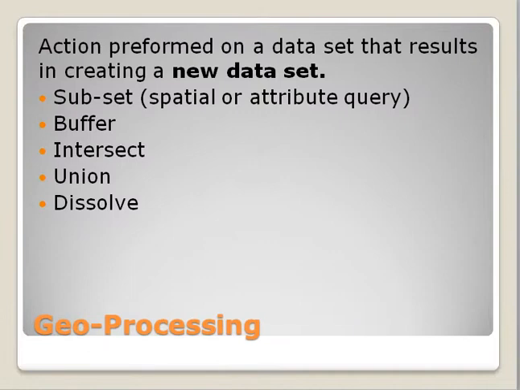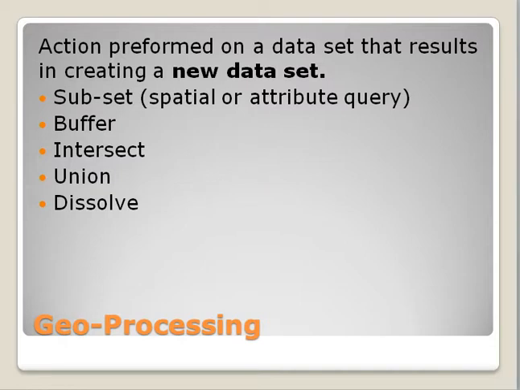Okay, so with geoprocessing, one of the things that's very different is that as we go through the different geoprocessing tools, every time you do that, you're going to create a new data set. When we were selecting data and summarizing data, we created a new table, perhaps, when we summarized it, but we didn't create new data.